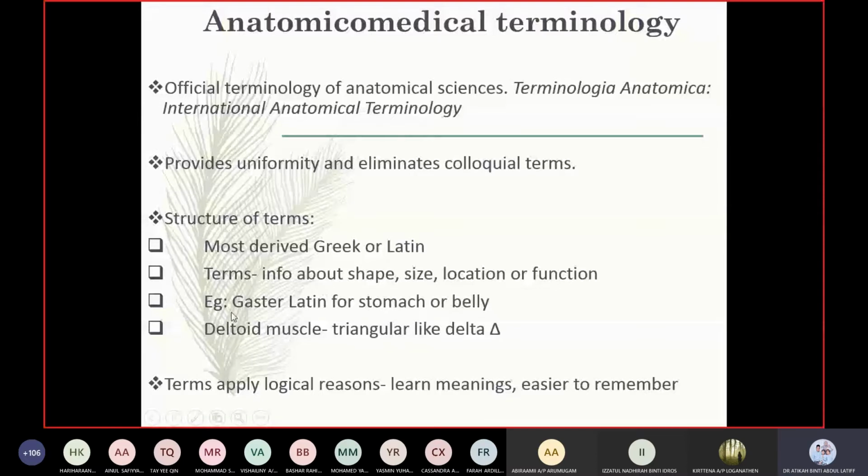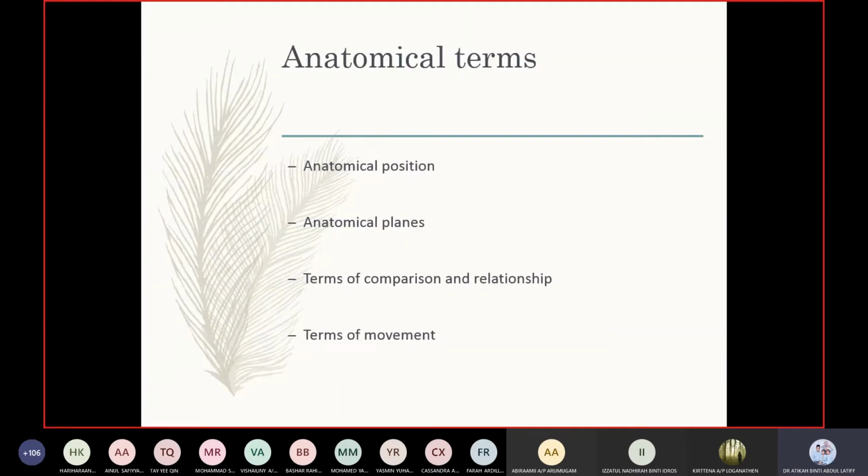That came from the Latin word gaster. Okay, and for example, delta means triangle in Latin or Greek. So the deltoid muscle is triangular shape, and it is named according to delta lah. Okay, so if you know Greek or Latin, that would be a plus point for you.